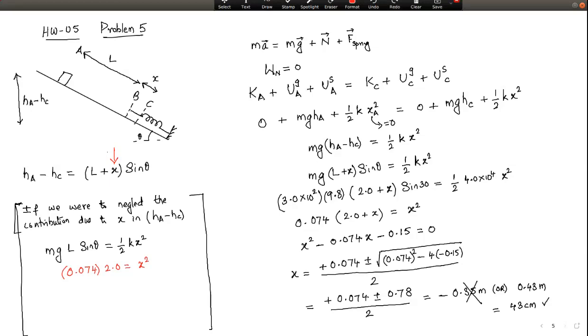And that would give us x equal to 0.38 meters, which is equal to 38 centimeters. To one significant digit, both these answers are right, but 43 centimeters is different from 38 centimeters, even though close, this is different. So this is wrong. So be careful with this slight error that is common.